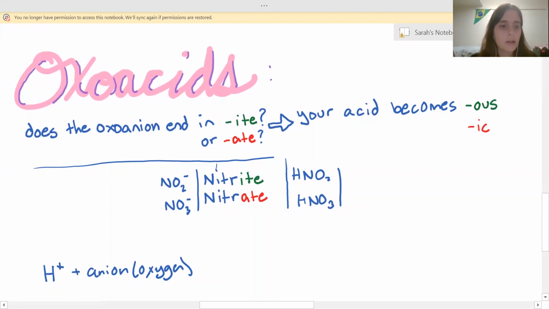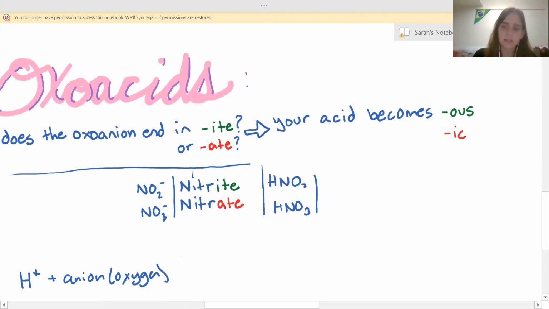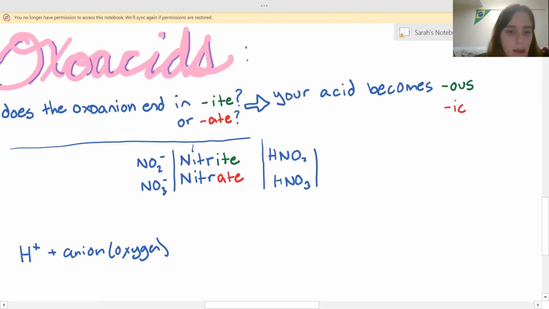So let's look through some of the rules for oxoacids. If your oxoanion ends in "ite", then your acid becomes "ous" plus the word acid. If your oxoanion ends in "ate", your acid ends in "ic" with the word acid. So here I have some examples. We have nitrite, ends in "ite". We have nitrate, ends in "ate".